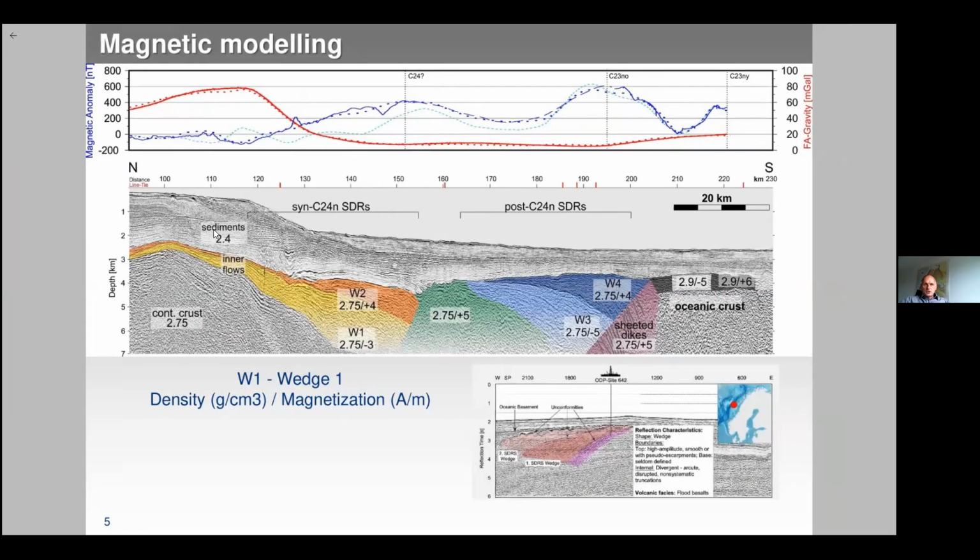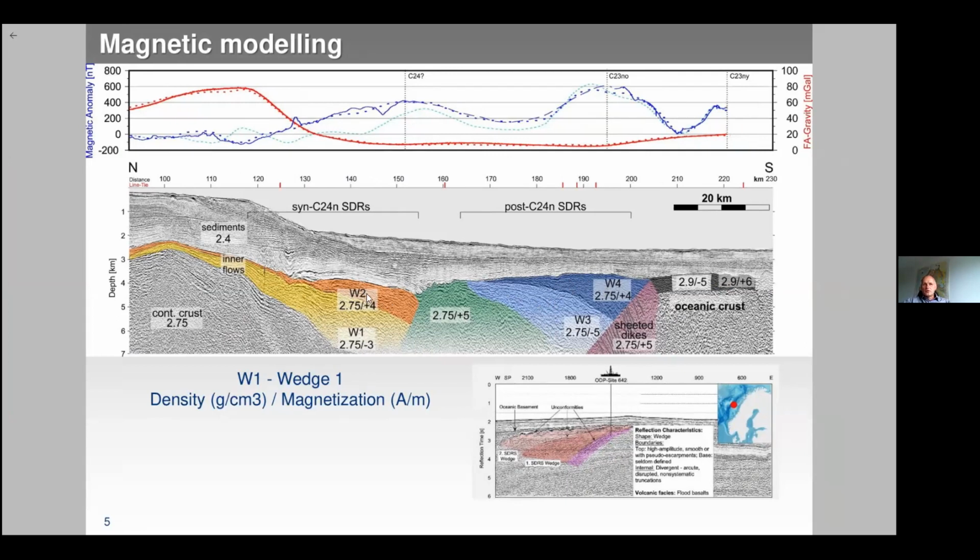So the first question now is, what is the origin of the magnetic anomalies at the slope and in the shelf area? This would be the shelf, the slope, and that would be the deep oceanic basin. And imaged down here are two wedges of seaward dipping reflectors.